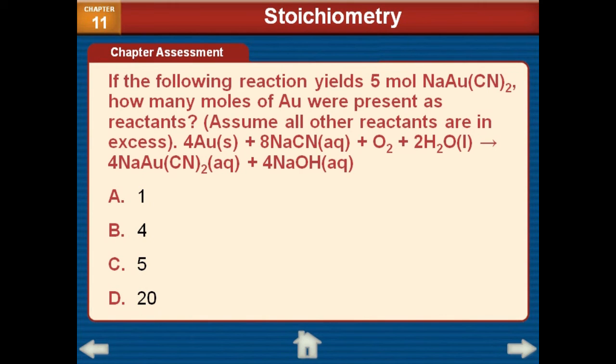So 4 moles of gold plus 8 moles of sodium cyanide plus O2 plus water yield 4 moles of sodium gold cyanide plus 4 moles of sodium hydroxide. Is the answer A, 1, B, 4, C, 5, or D, 20? And the answer is C, 5.